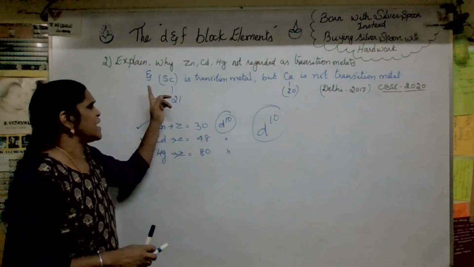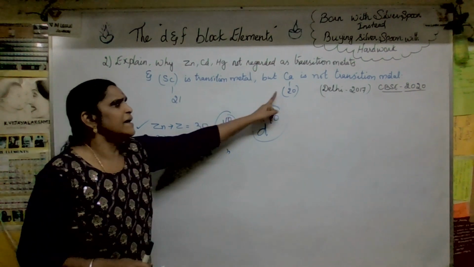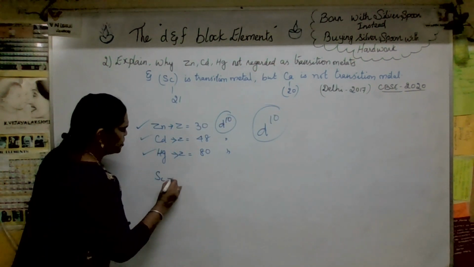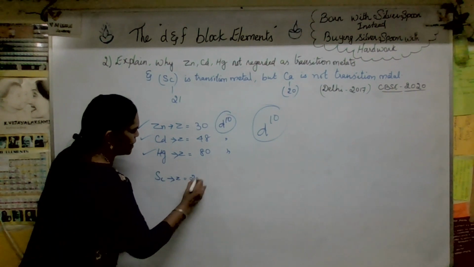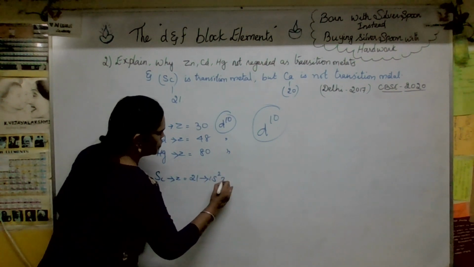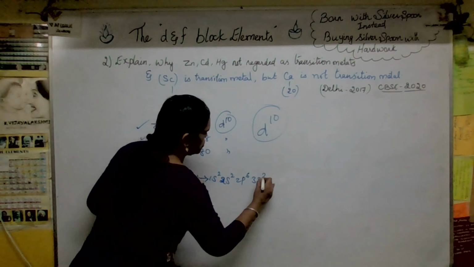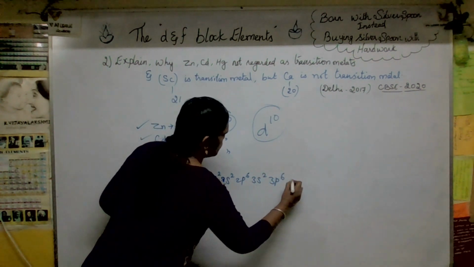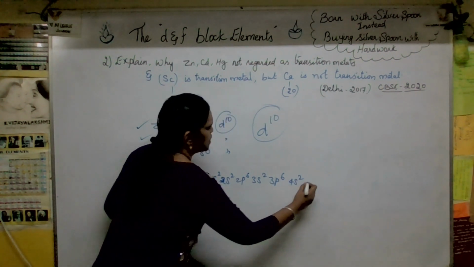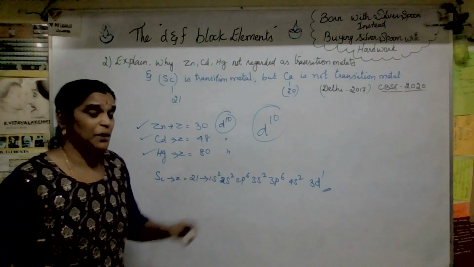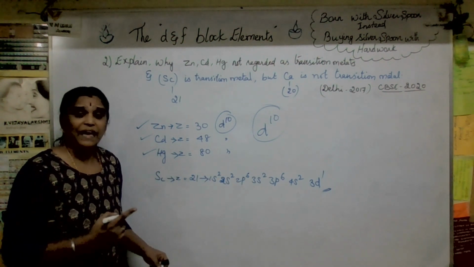Okay, now next one: scandium and calcium. Scandium has atomic number 21, so 1s2, 2s2, 2p6, 3s2, 3p6, 4s2, 3d1. It touches the d orbital and has one electron.